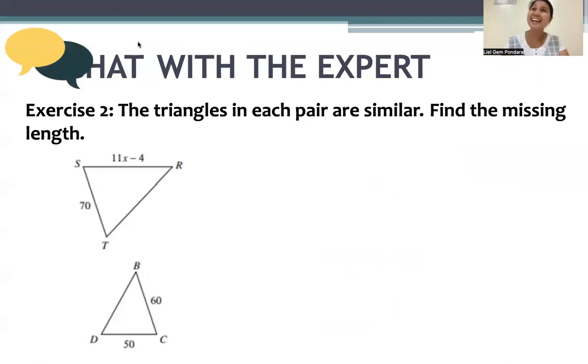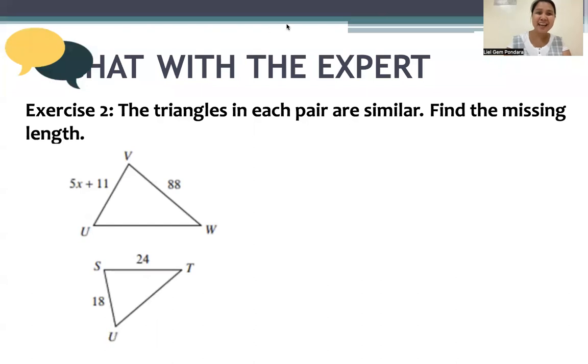Now let's go to the last example. The triangles in each pair are similar. We find the missing length. Okay, let's start. This is the short one. So VU is proportional to SU, the other short one.